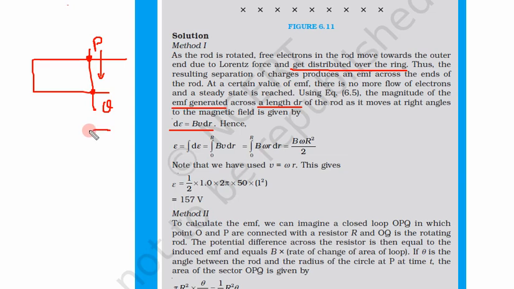Here also we have a circular loop, and this is the center. The charge starts from this point 0 and moves along the radius.